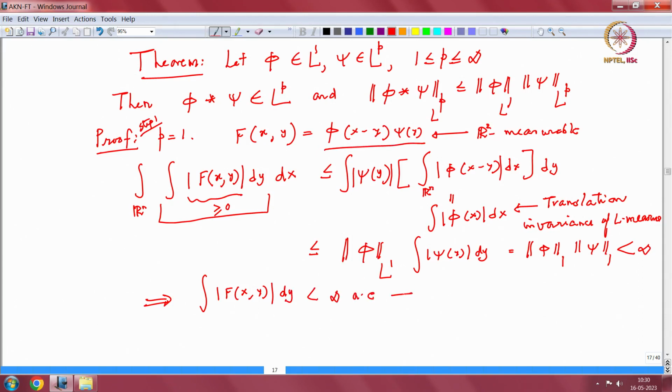That implies immediately the integral phi star psi at x, with respect to y, is equal to phi of x minus y psi of y dy, of course, everything almost everywhere.